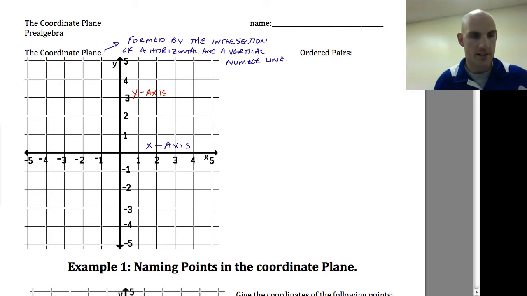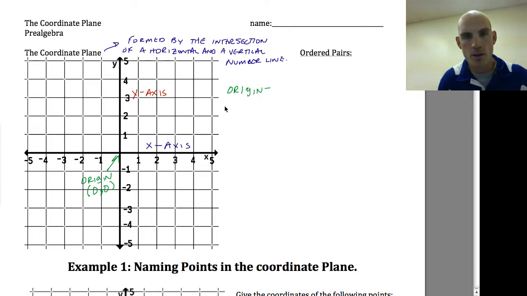Where they intersect is a special point called the origin, and that's where both of the number lines start. The coordinates of the origin are 0, 0. So I'm going to just put a little definition here.